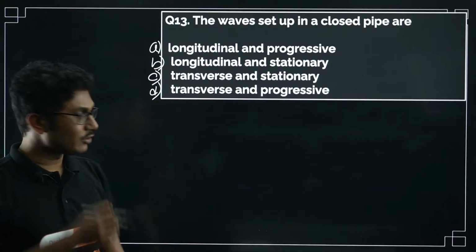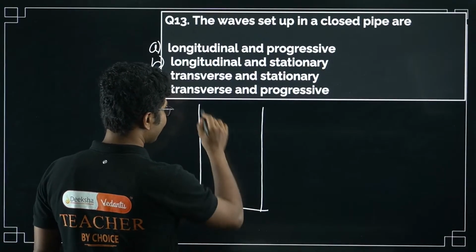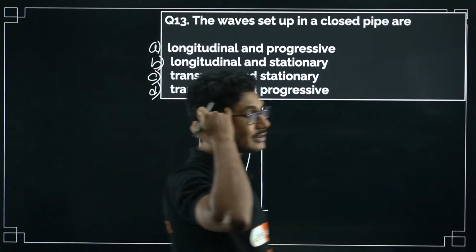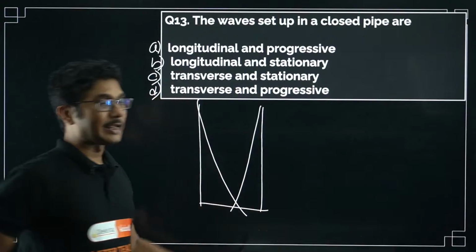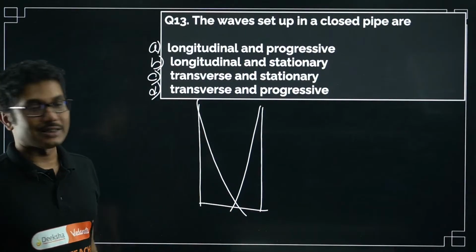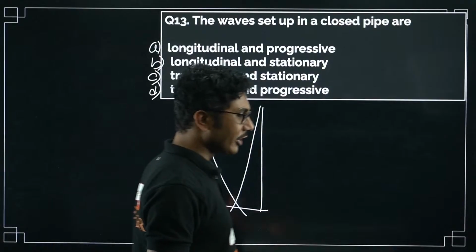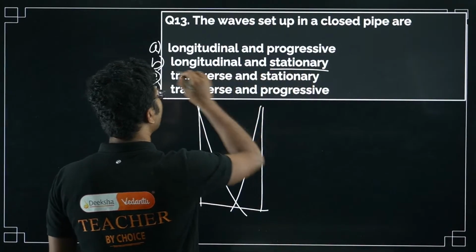Why transverse? Even though we draw the diagram like transverse, actually it is not transverse. You have to understand: in a string, if the same question was asked, then it is transverse. But in a closed pipe, even though we draw the diagram like this, it is not transverse. It is a longitudinal wave, but stationary. Why?